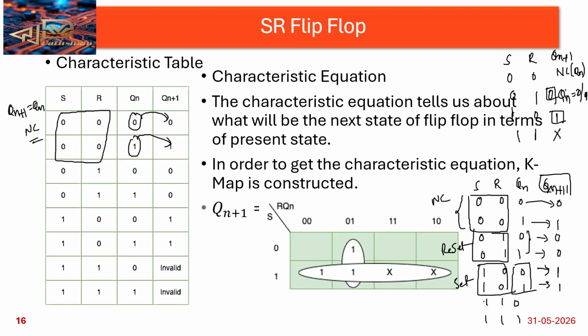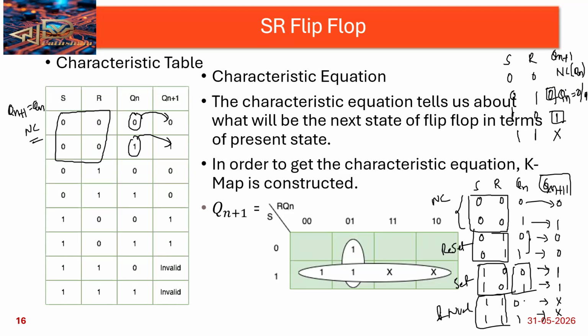Then the 1 1 condition is invalid. During the invalid condition I'm getting unknown values, not known values. It will be 0 or 1, or 1 0, changing every time, so that is the reason we call it the invalid condition. Any doubt in this characteristic table?